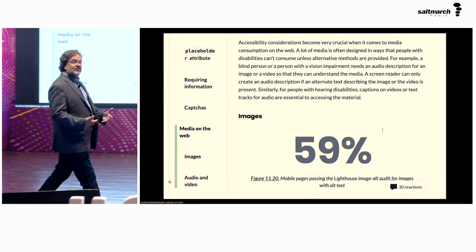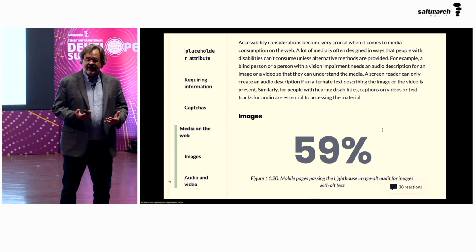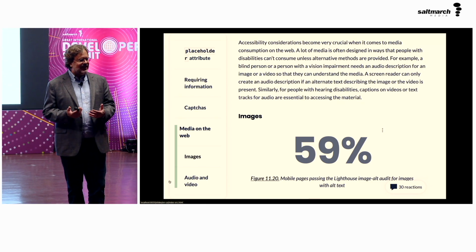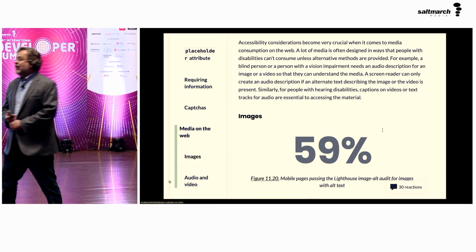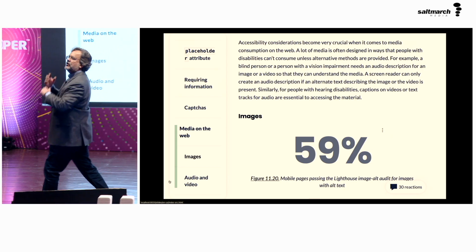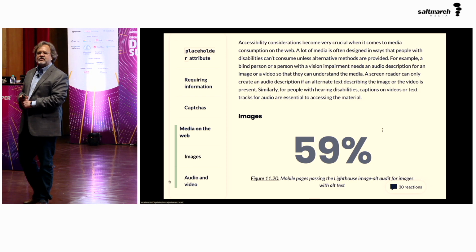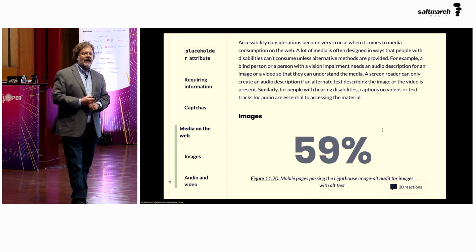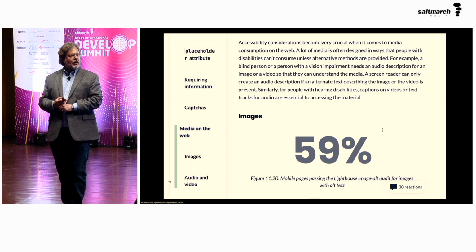Because this alt text is not just for your blind and low vision users. It's also for SEO, isn't it? It's also for search engine optimization. I worked for a client that was rolling out a new catalog, 20,000 new items. They sell tractors in the United States. And so they're selling things like baseball hats with a green tractor on it. And I said, you want to sell those baseball hats, don't you?